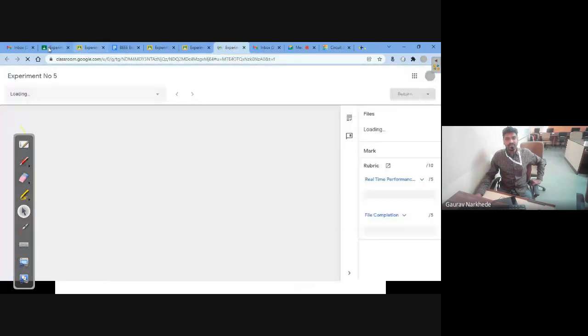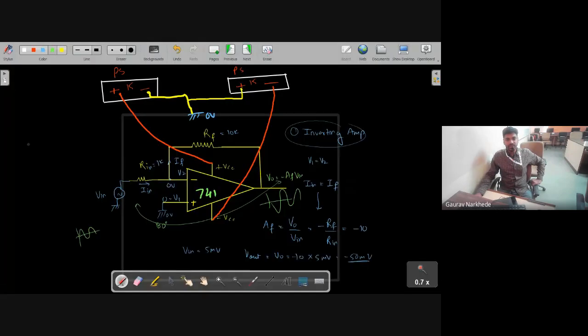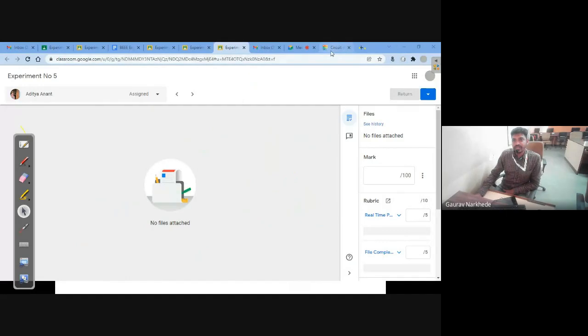Calculation part is very simple, right? Theoretically, what is the theoretical gain for this inverting amplifier? RF by Rin. What RF we have considered: 10 kilo ohms. What Rin we have considered: 1 kilo ohm. So 10 kilo divided by 1 kilo is your theoretical gain of the amplifier. Now let us check it practically.